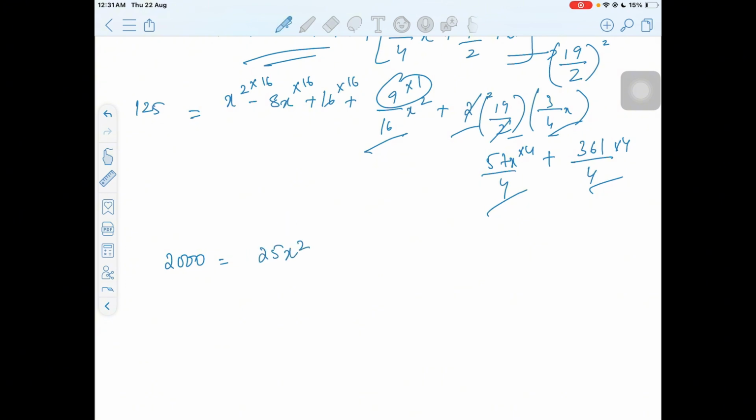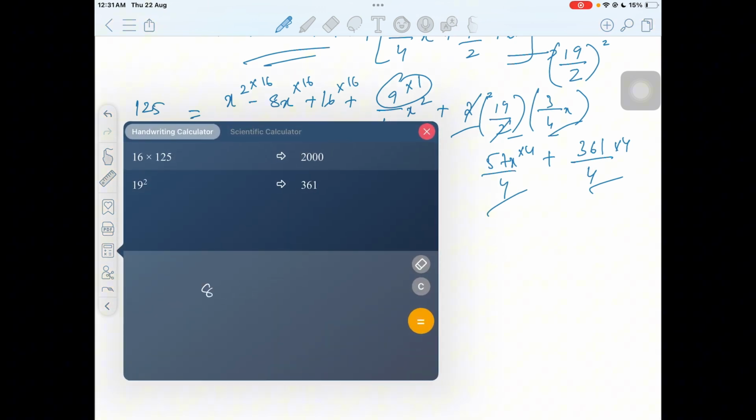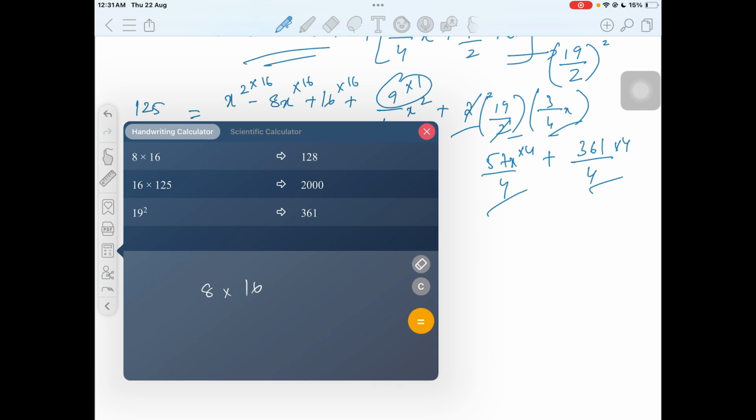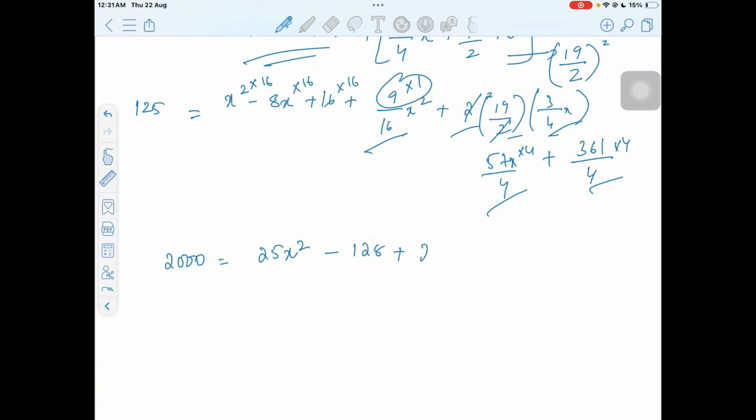8 into 16 is basically 128. So this would be negative 128x plus 16 squared is 256.